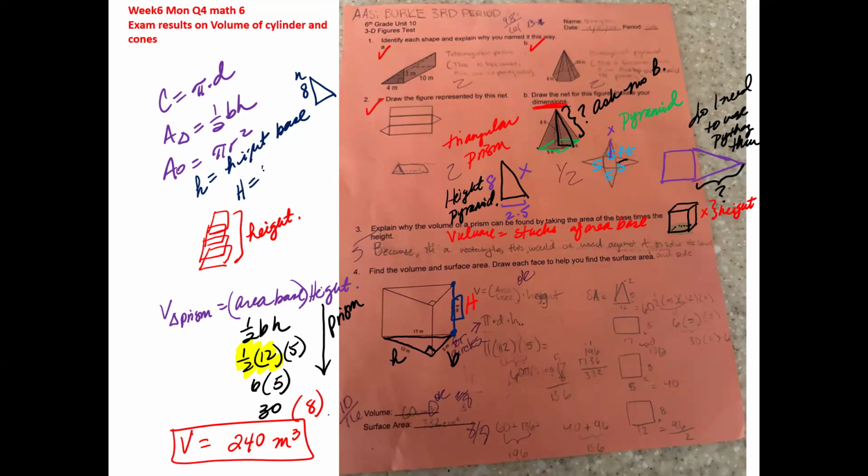This height is the height of the prism, which is from here to here. And this is the height because if you imagine a bunch of triangles stacking them on top of each other, that's how you find the volume of a prism, is a bunch of bases stacking them on top of each other. There's two different heights. Height of the base, height of the prism. Two different ones. We talked about this many times before. If you forgot about it, then I suggest you need to study up a little bit more.